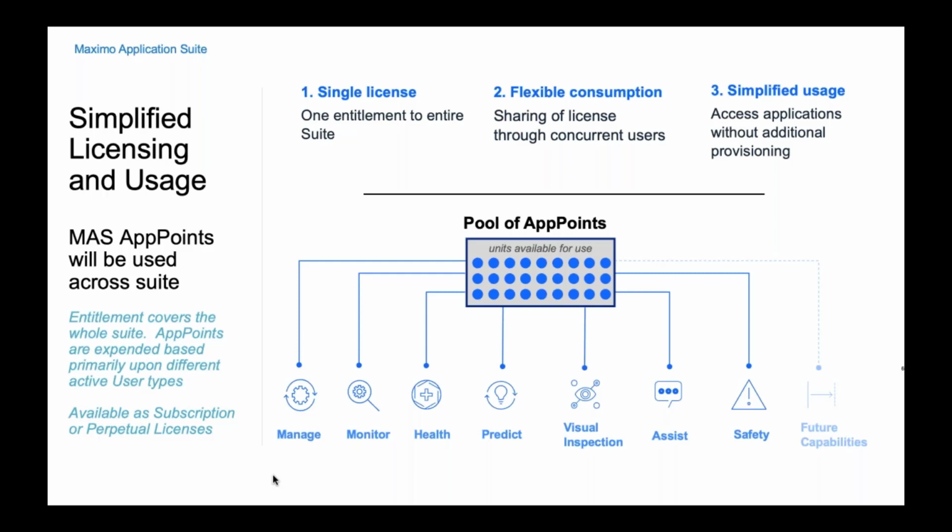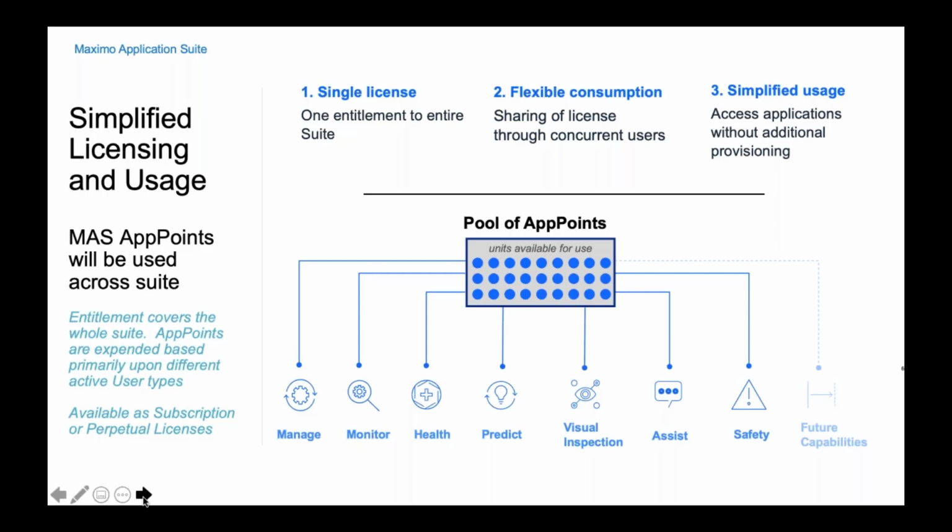It is one suite that you utilize with a pool of app points. It's a single license that you purchase for the application suite and a very flexible consumption model based upon how you set up your users within the application suite itself.